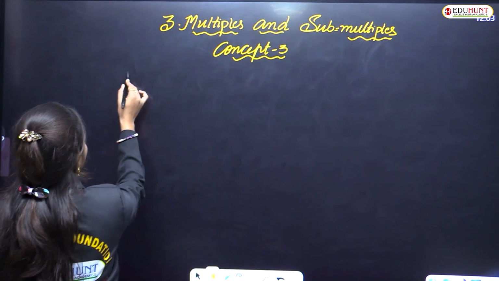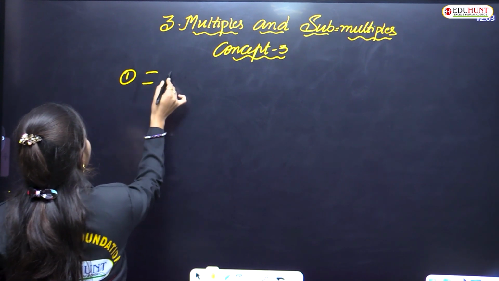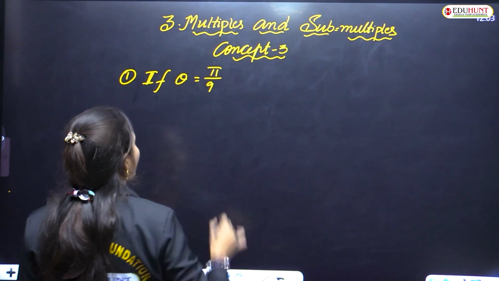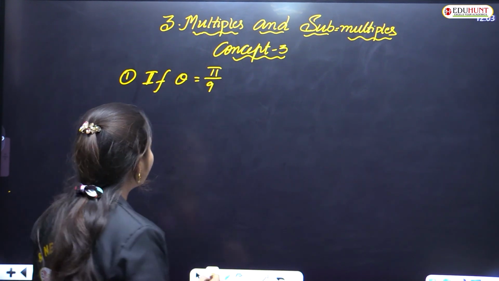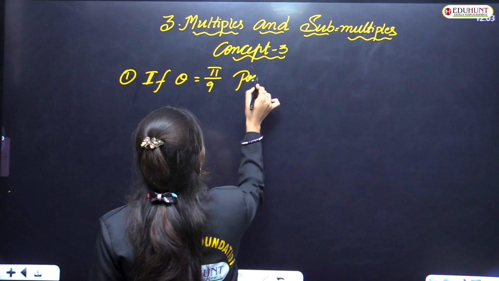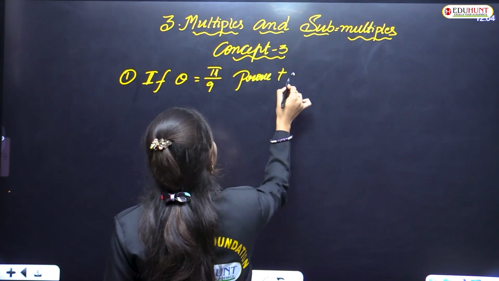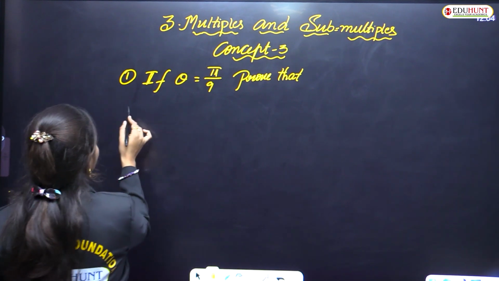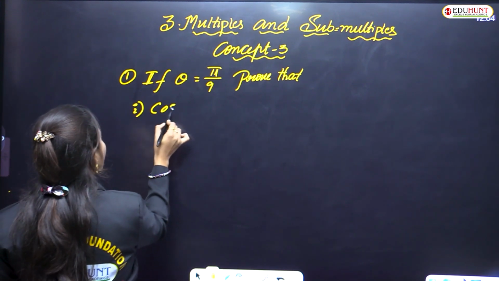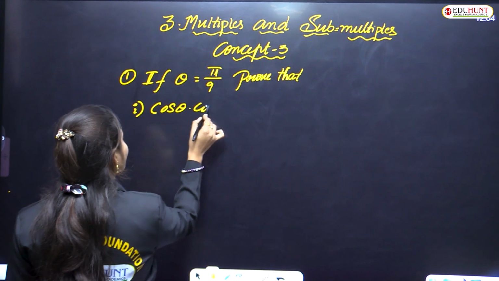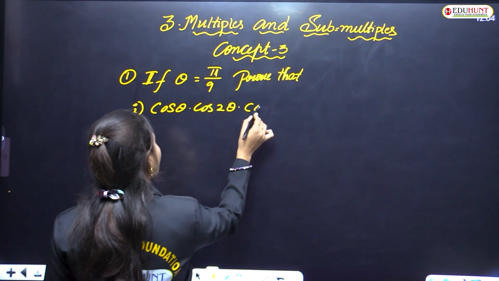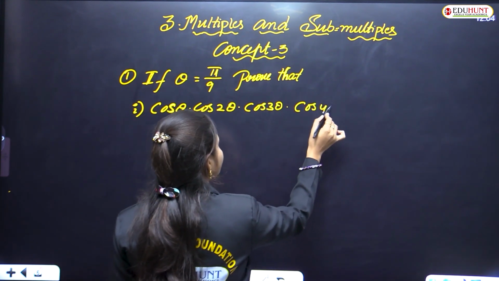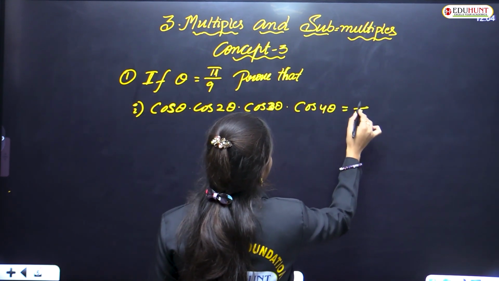Here is one of the proofs. If theta is equal to pi by 9, then prove that cos theta into cos 2 theta into cos 3 theta into cos 4 theta is equal to 1 by 16.